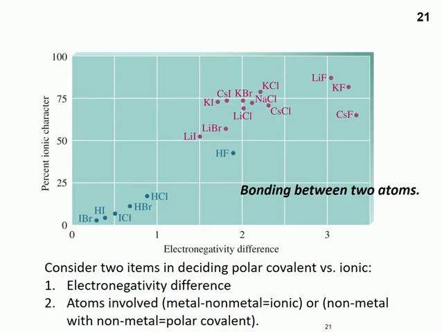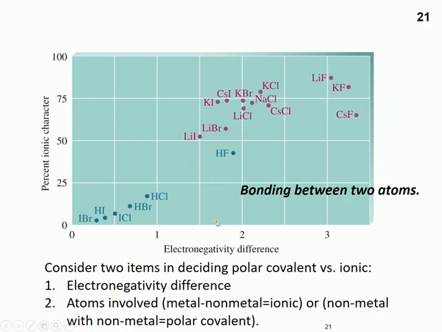In this chart here, this gives you an idea of deciding whether something is ionic or covalent. You can see on the x-axis, this is that difference, the delta chi. And then percent ionic character tells how much something really is ionic or not.